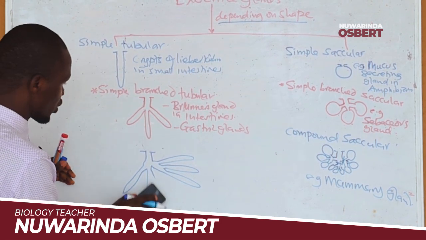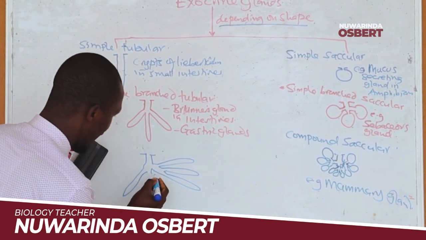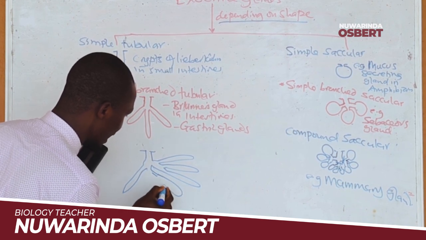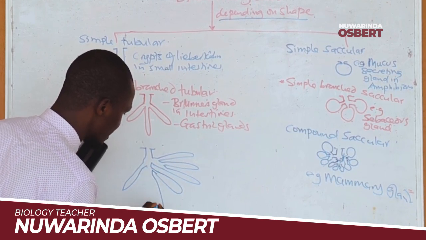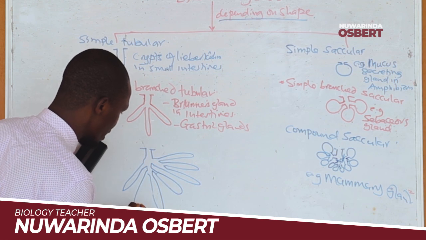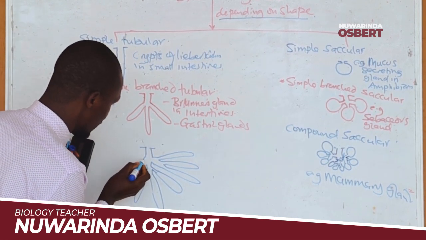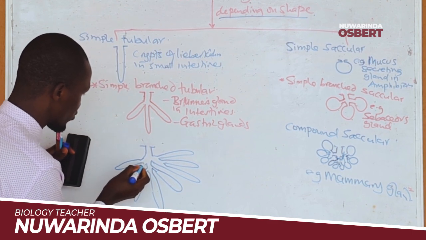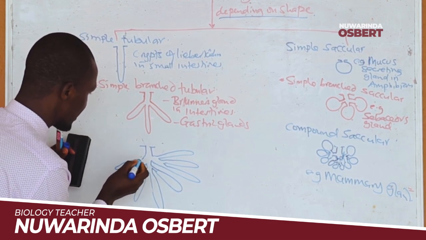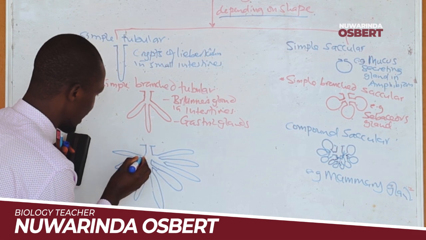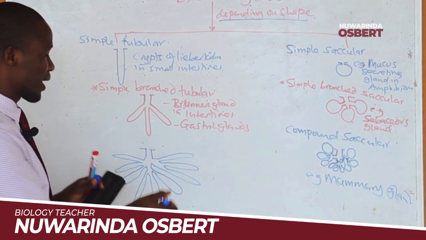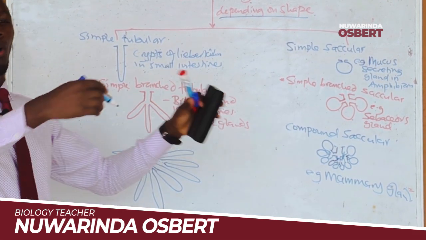Then this one which was supposed to be one also breaks down and gives me other tubular-like structures. Even this one which was supposed to be one again divides itself into other tube-like structures like that. So when you check this one, you see it has become complicated. This one has become more complex.